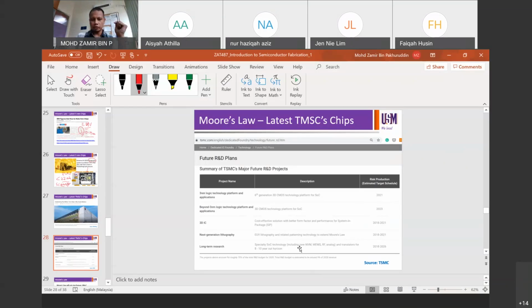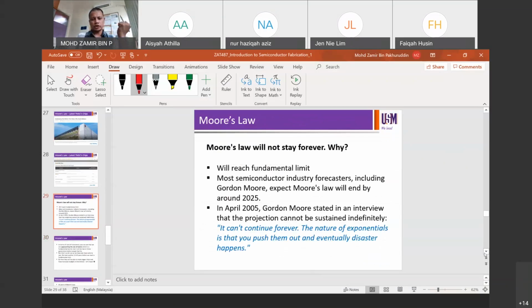SoC technology, including new non-volatile memory (NVM), MEMS, micro-electromechanical, RF technology, analog transistor for future production. So this is already clear in the TSMC roadmap.